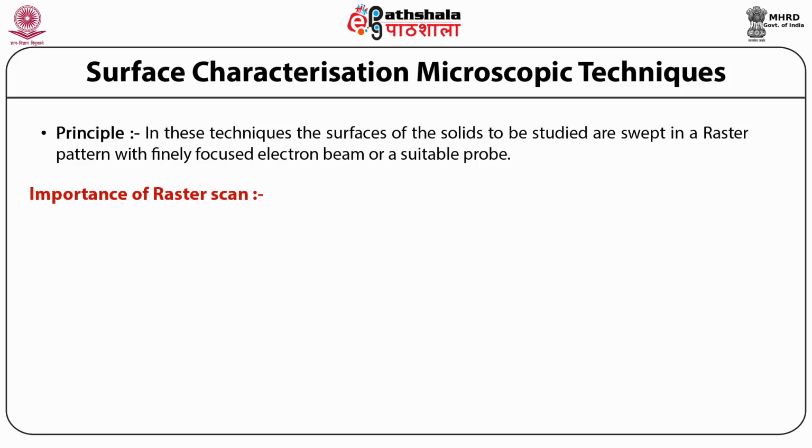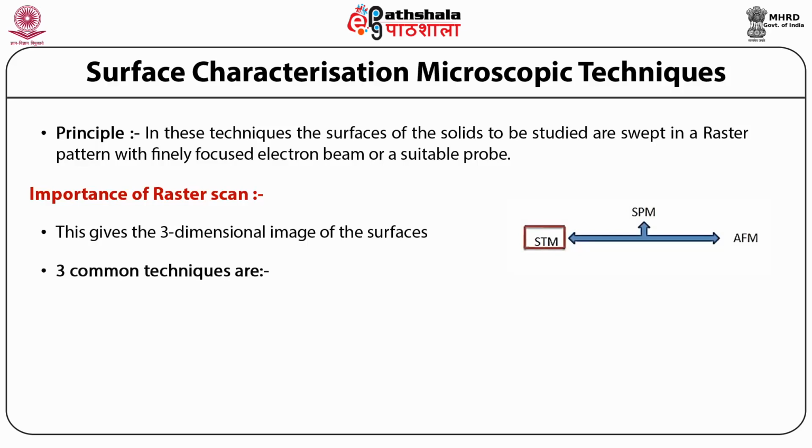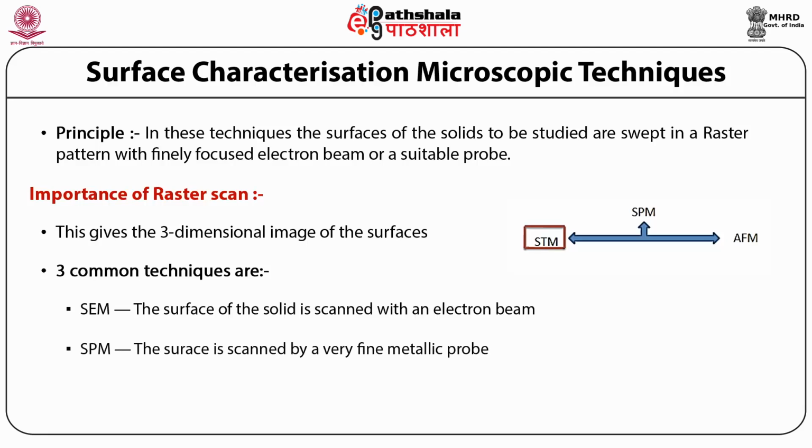The raster scan gives three-dimensional images of the surface, and the three common techniques are, namely, SEM, where the surface of the solid is scanned with the electron beam, and SPM, where the surface is scanned by a very fine metallic probe. SPM is of two types: STM, the scanning tunneling microscope, and AFM, the atomic force microscope.